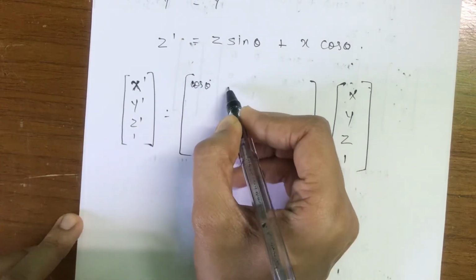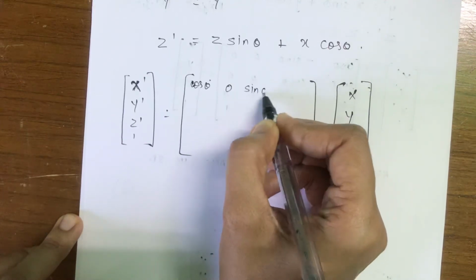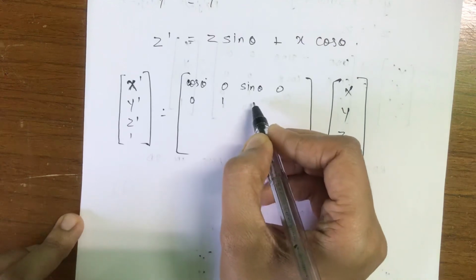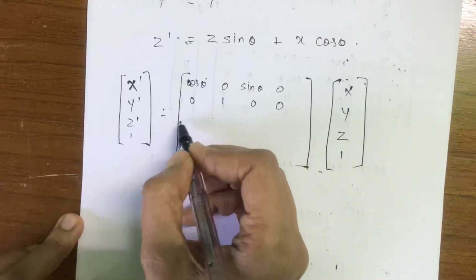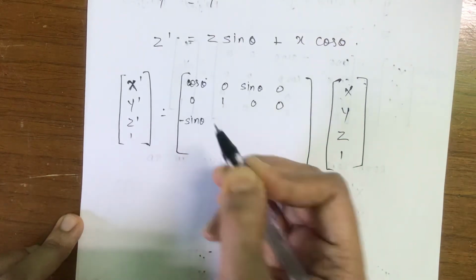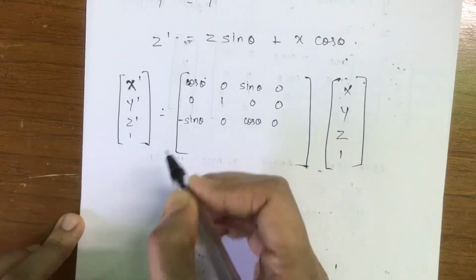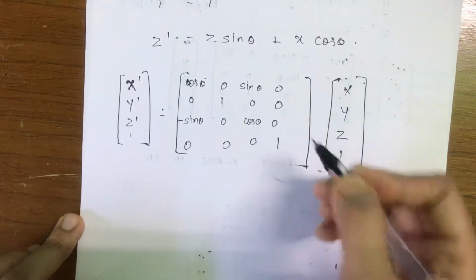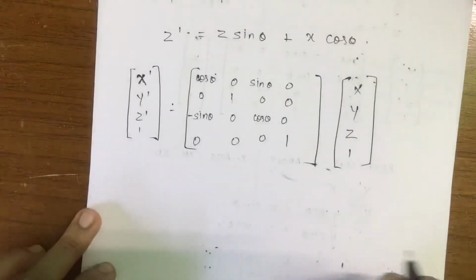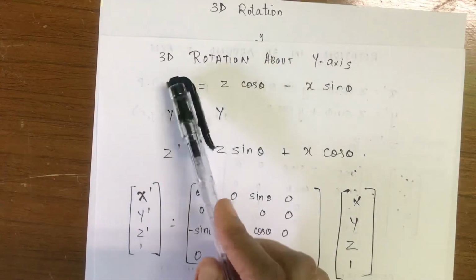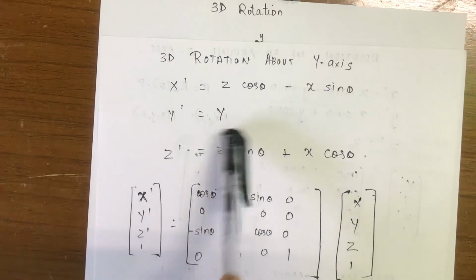Cos theta, 0, sin theta, 0, 0, 1, 0, 0, minus sin theta, 0, cos theta, 0, 0, 0, 0, 1. So this is my matrix for 3D rotation about y axis, which is going to happen in the xz plane because the rotation is about the y axis.